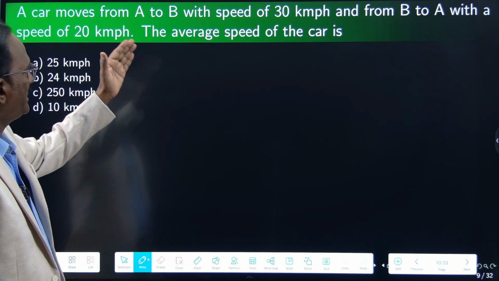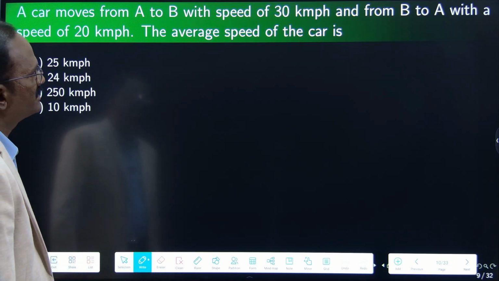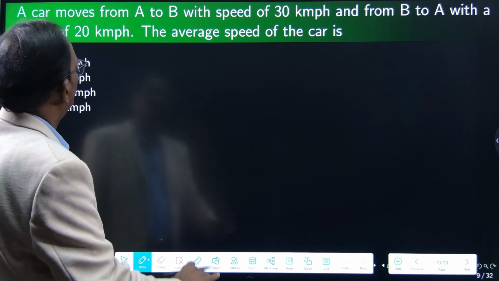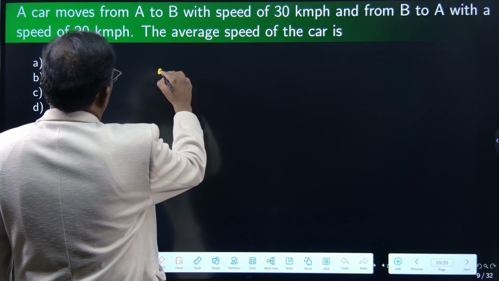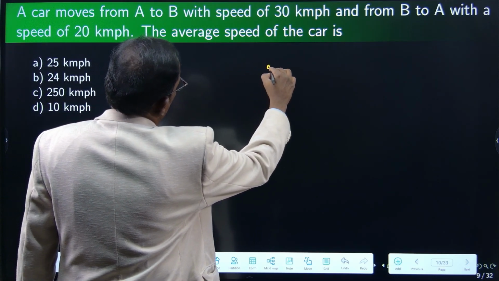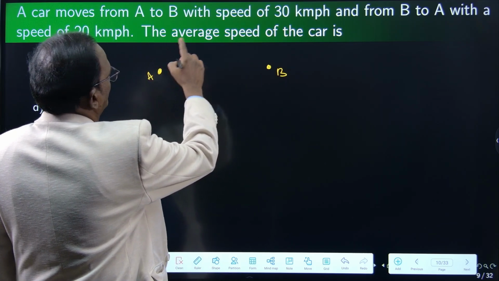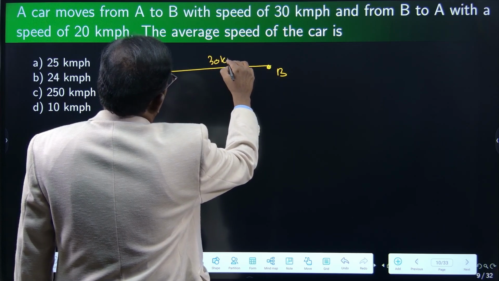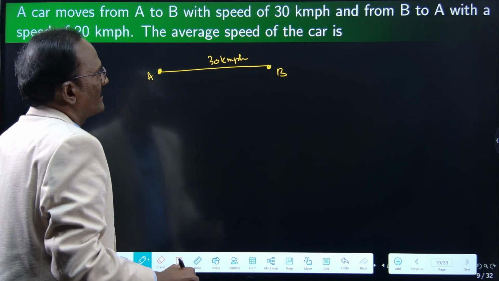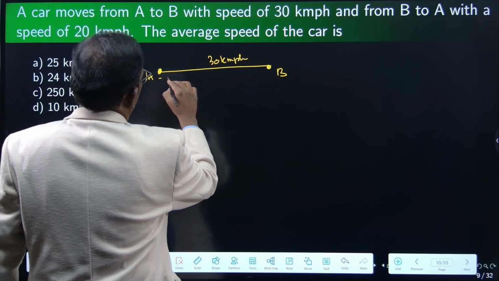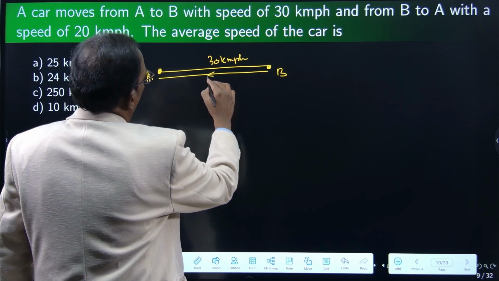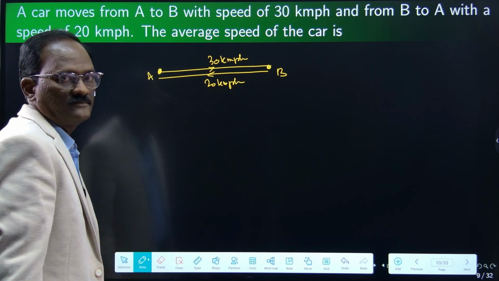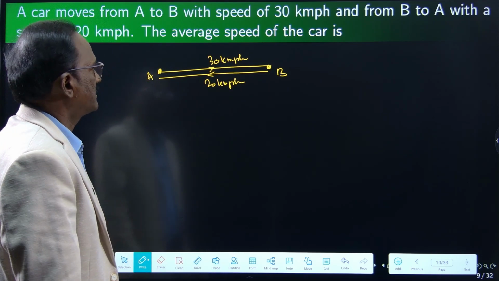A car moves from A to B with a speed of 30 kilometer per hour and from B to A with a speed of 20 kilometer per hour. Position A and position B, it travels at 30 kilometer per hour, and from B to A it is returning at 20 kilometer per hour, right?